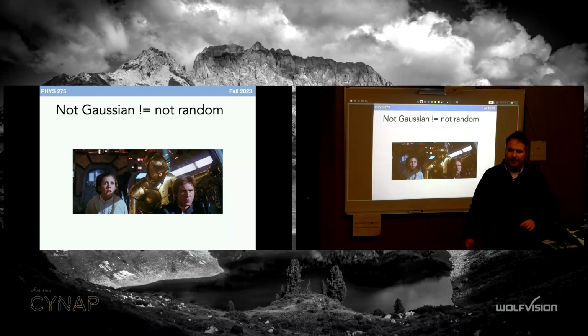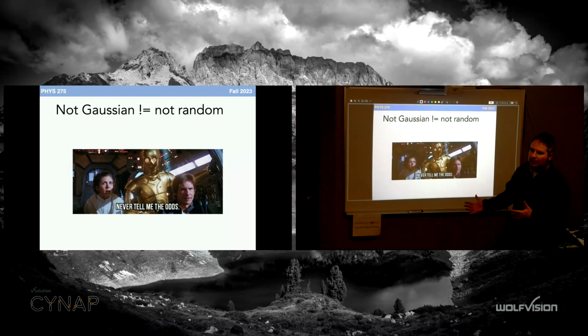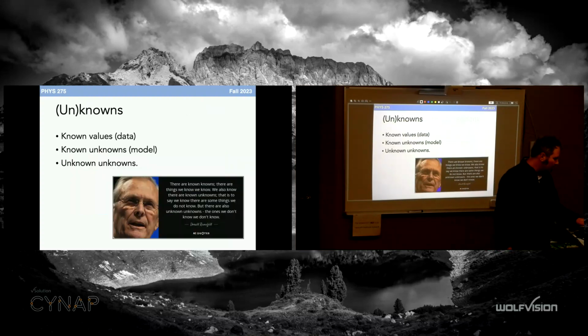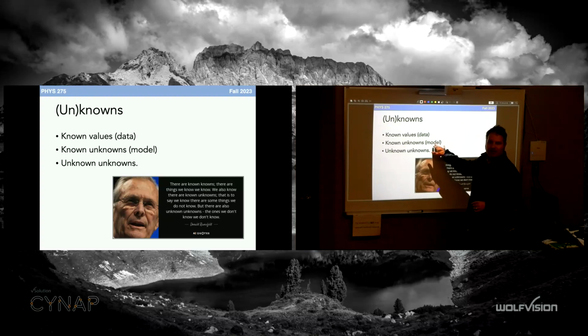Not Gaussian does not mean not random. I know, never tell me the odds, you have to quote Star Wars at some point in your life as a professor here. So, for example, we have known unknowns. That's our model, that's the inferred data. And there might be an unknown unknown just lurking underneath there.